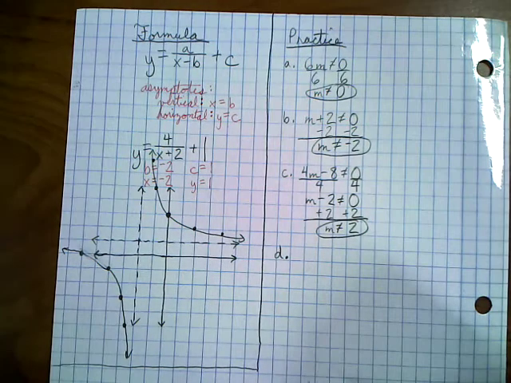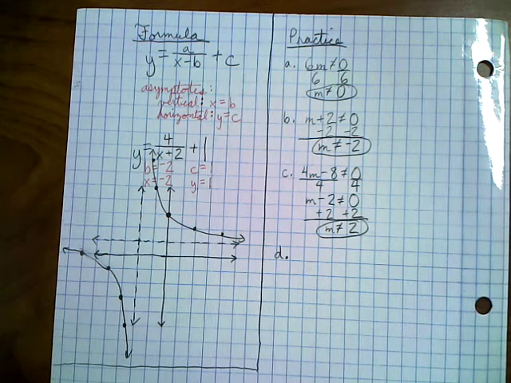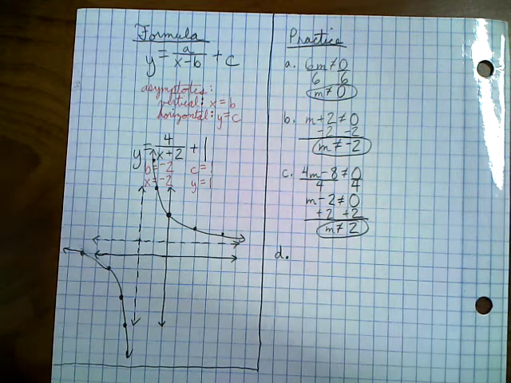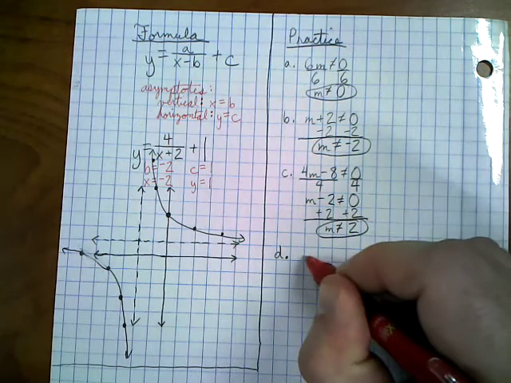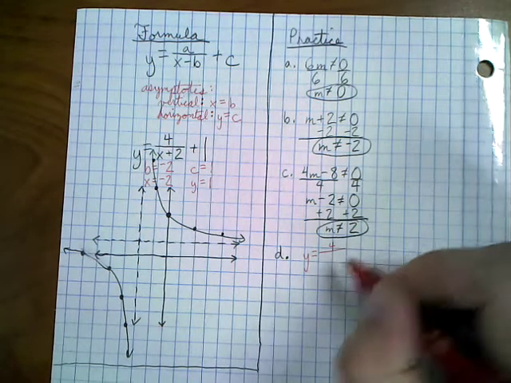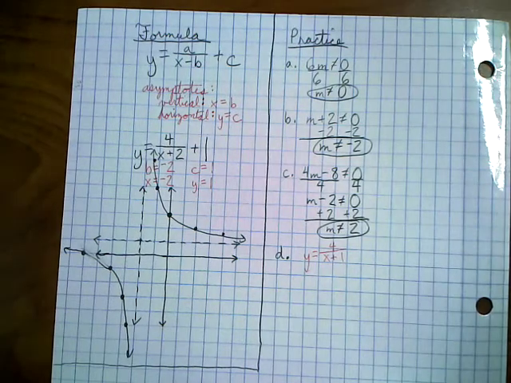D, we have to identify the asymptotes. So in D, y equals 4 over x plus 1. So if we consider that right there, I'm going to put this in red here, y equals 4 over x plus 1.